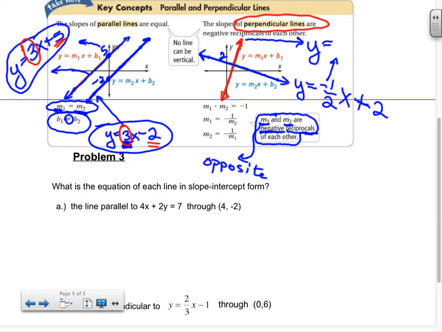Well, it says negative reciprocal. I said don't say negative reciprocal. Say opposite reciprocal. And here, if you do the opposite, you're positive. The reciprocal of 1/2 is 2x. Now, what's the y-intercept? I don't know, and you don't know, so let's just make it up. Negative 4. So then it would be minus 4. There you go.